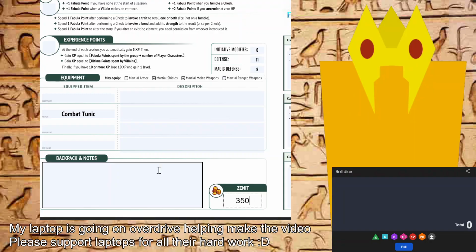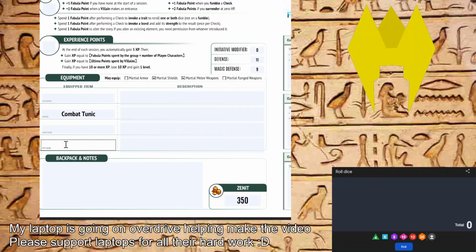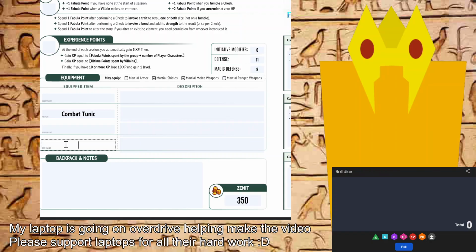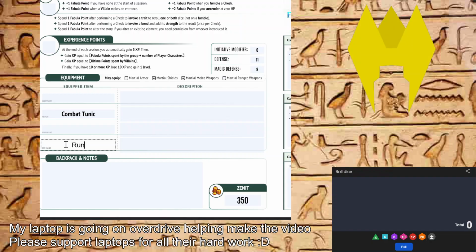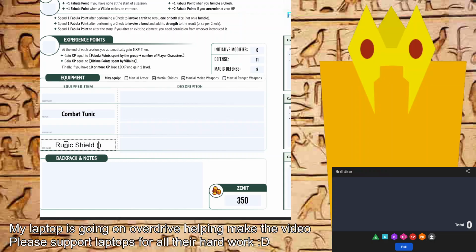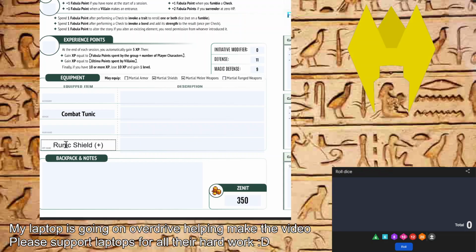There we go. Now for the offhand, which is what shields go into, we are able to equip a martial shield. The only martial shield we have is the runic shield. And we'll do a parentheses and a plus to identify that it is martial equipment.